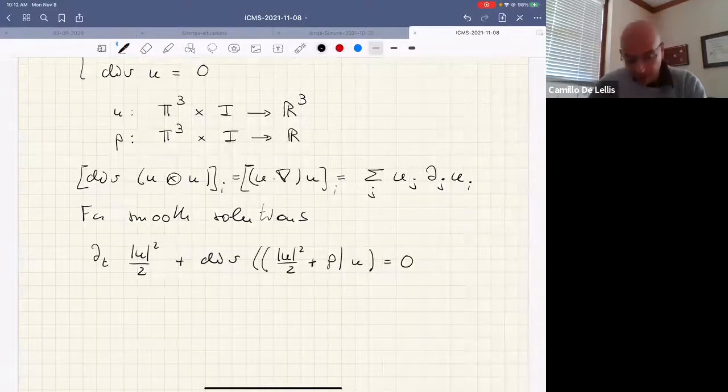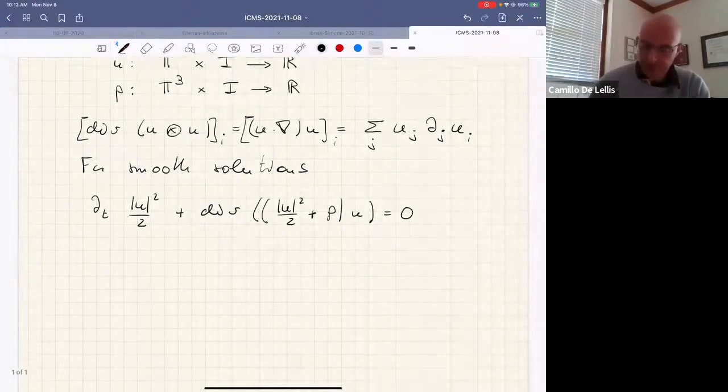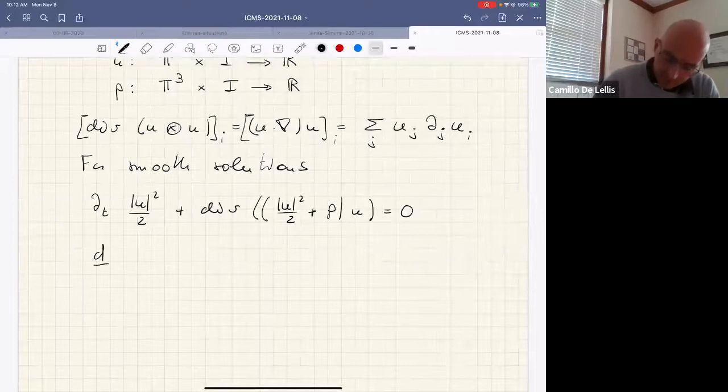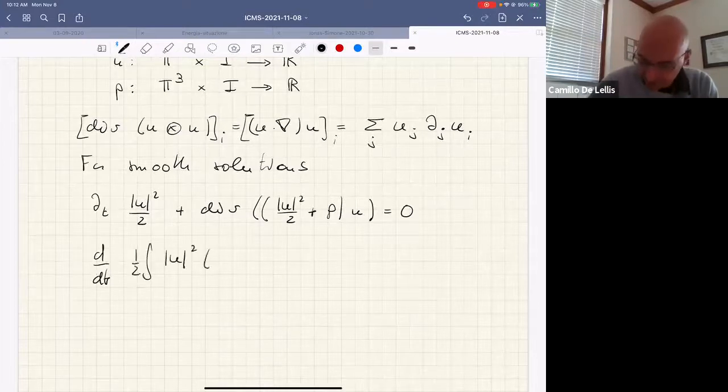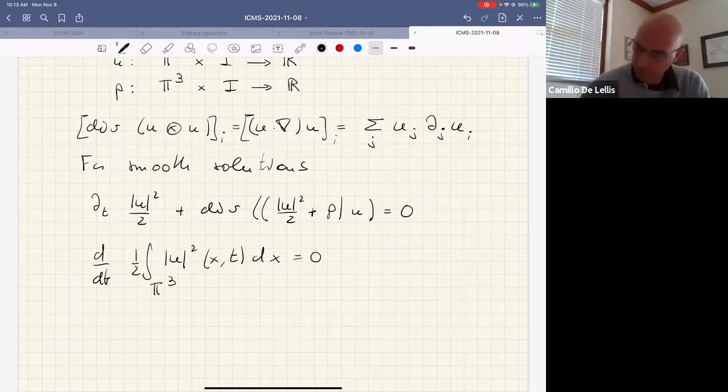Upon integrating this in space, you come up with the conservation of what is physically the total kinetic energy of the fluid. So this one is the local energy identity, and this one is the global energy identity.